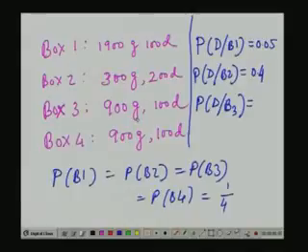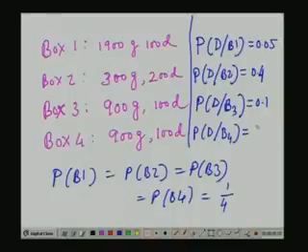Here in total we have 1000 elements and 100 are defective, so this will be 100 by 1000, which is 0.1, and this is identical for B4. So P(D|B4) is again 0.1.